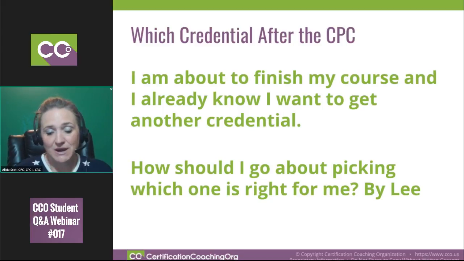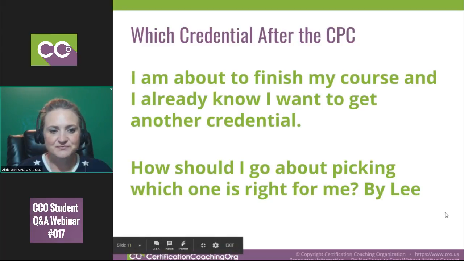That's a great mindset, and we encourage at CCO you to get as many credentials as you can handle. There's pros and cons about getting credentials, so I've made a list of those and things you need to ask yourself. But again, one of the perks of having multiple credentials is it usually means your pay scale goes up. So we'll have to talk about that sometime, the pay scale and how that works.